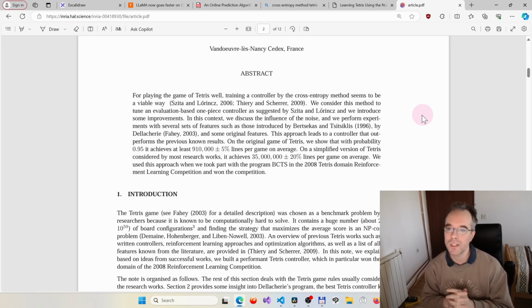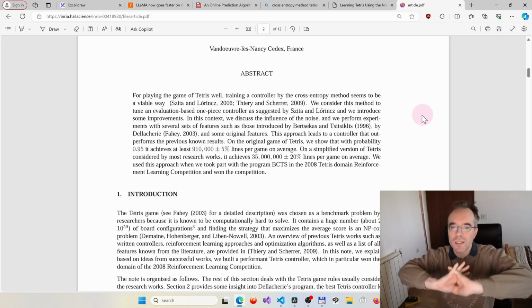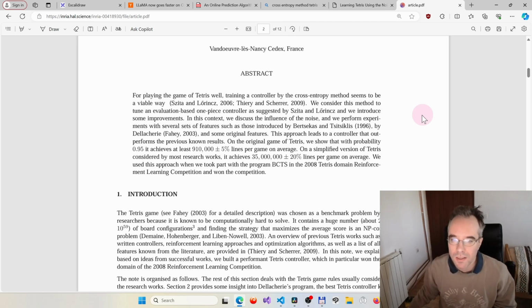On the original game of Tetris, we show that with probability 0.95, it achieves at least 910,000 plus or minus 5% lines per game on average, which I'm guessing is a lot.